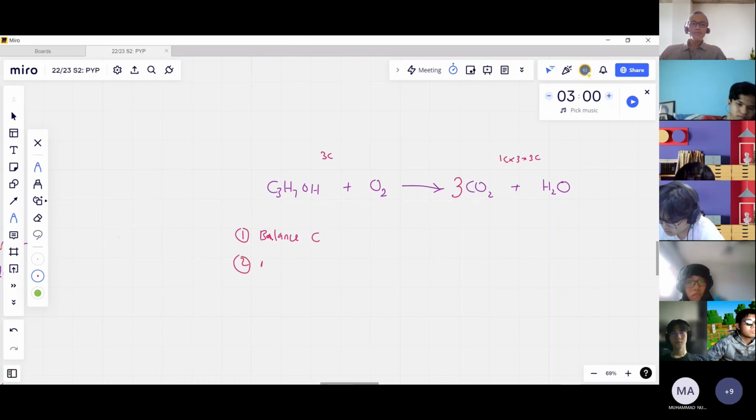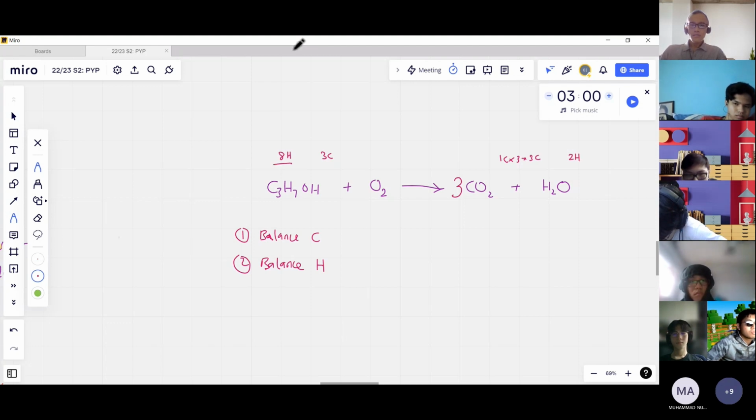Second thing, balance your hydrogen. As I said, guys, try to remember oxygen is the last thing to balance. So second, balance your hydrogen. How many are there here? I have 7 plus 1, so 8. This one has no hydrogen. How about this side? H2. I only have 2H here.